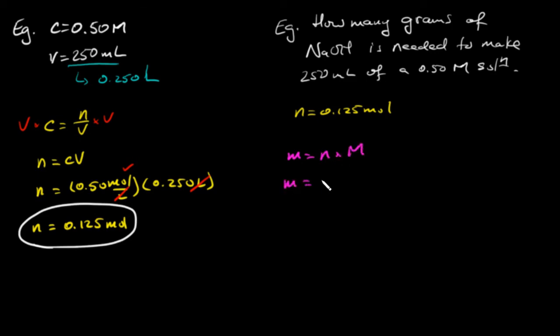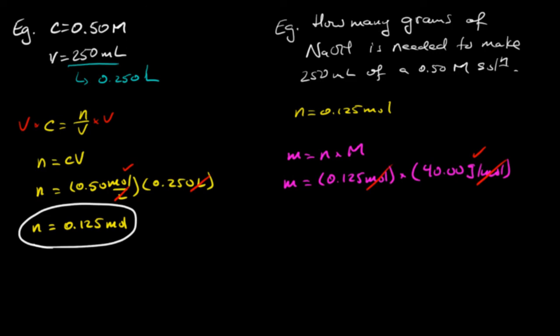So I'm going to take my number of moles from the calculation I just completed, and I'm going to multiply by the molar mass of sodium hydroxide, which is 40 grams per mole. And if you look at this, you should see how my units are going to cancel out again. So you can see right away, hopefully, that we have moles here, and we're left with grams.